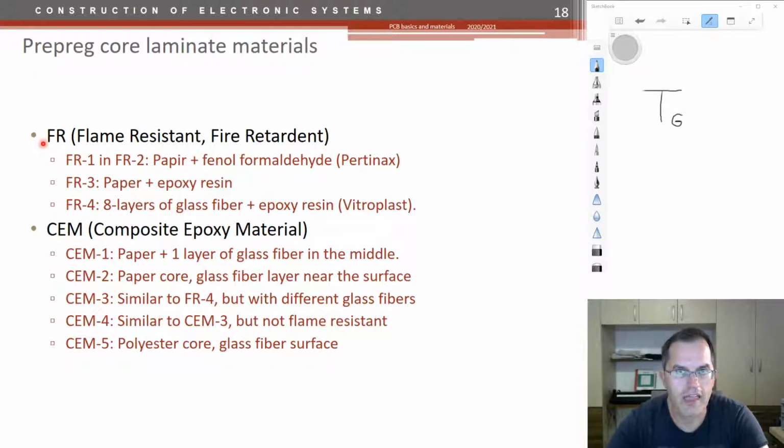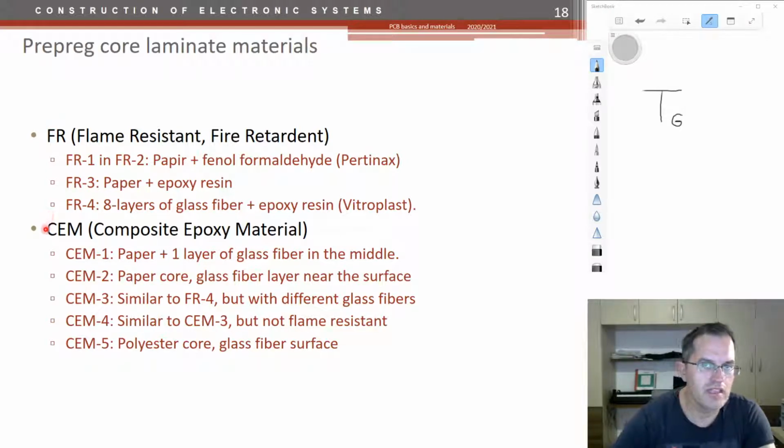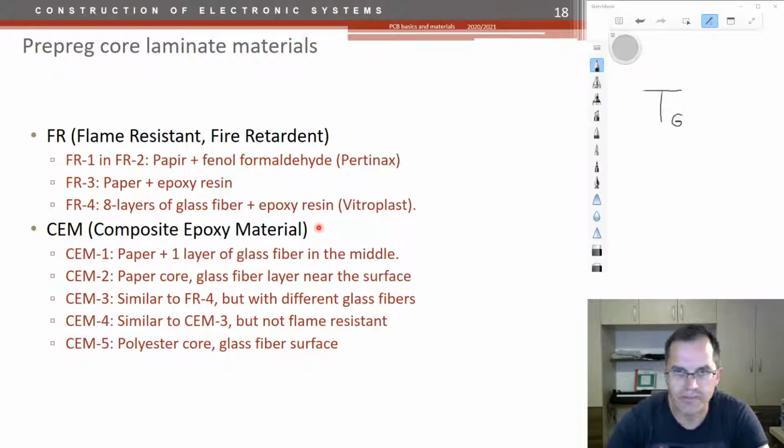First is called FR, which means flame resistant or fire retardant. The basic property is it should not burn with flame. And the other is CEM, or composite epoxy material. The FR materials go from FR1 to FR4 and CEM goes from CEM1 to 5. They are a little bit different, but among those, I would say the most used nowadays are FR1, FR4, and CEM1 and CEM2.